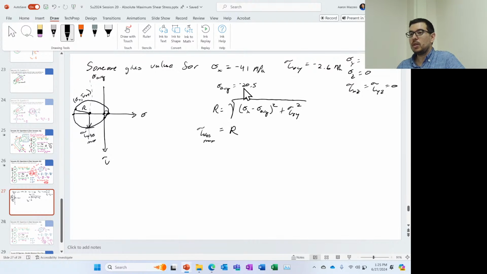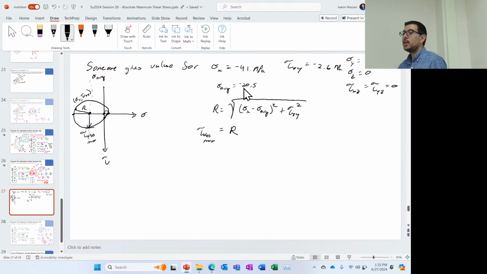Everything else is going to be equal to 0. And so once someone says plane stress, then immediately you know that you can only rotate about the axis normal to that plane stress, and that is where you'll find the principal stresses. Because the sigma 3 is going to be 0.